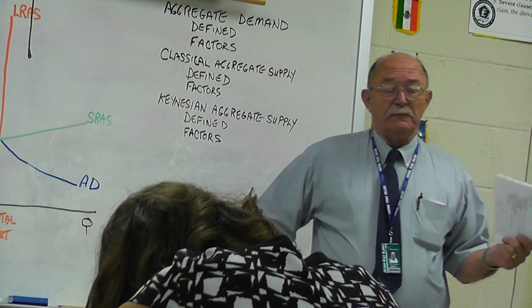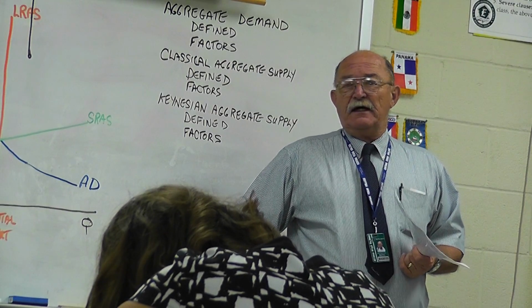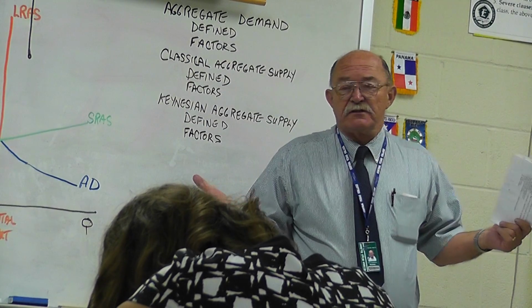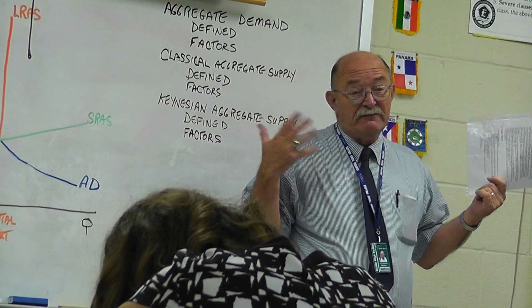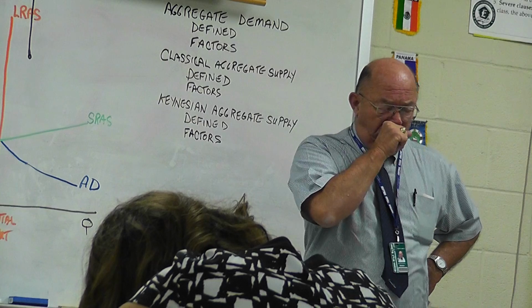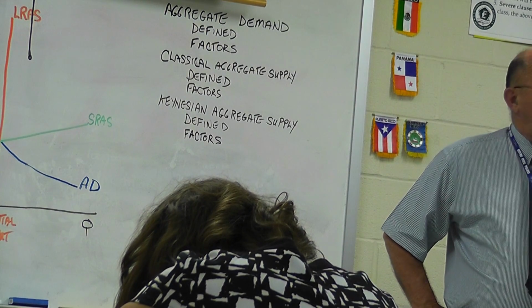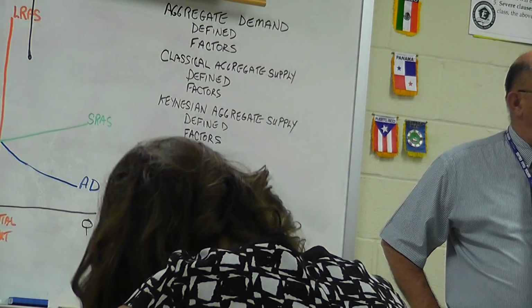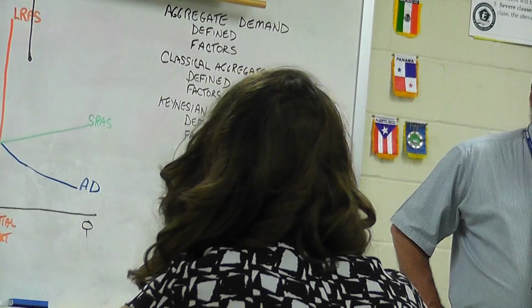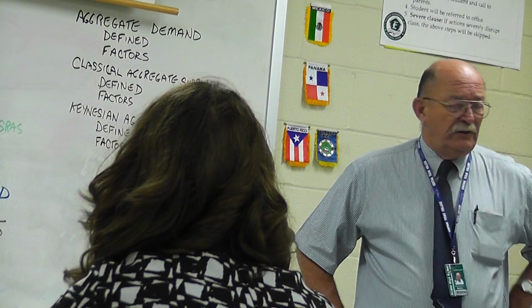Resource base is another one. That's the third one, resource base. In other words, you discover new resources. Well, we haven't done that lately. The discovery of new resources will shift to the right, but we have not discovered anything new lately.